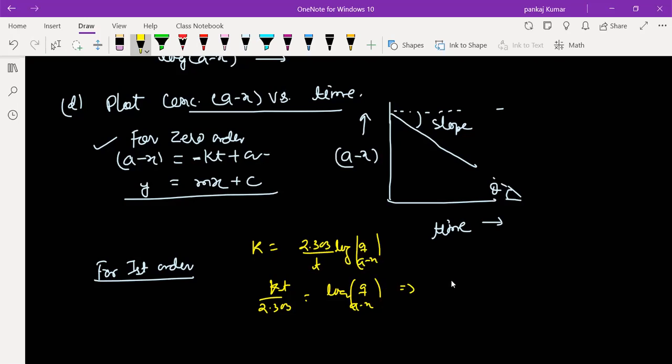If you take reverse, minus 1. So kt divided by 2.303 equal to minus 1 log a minus x by a. Right. Okay, so if minus will come this side, minus 1. Correct now?